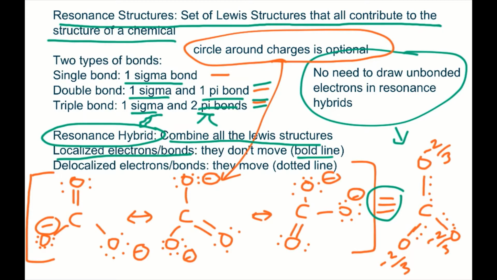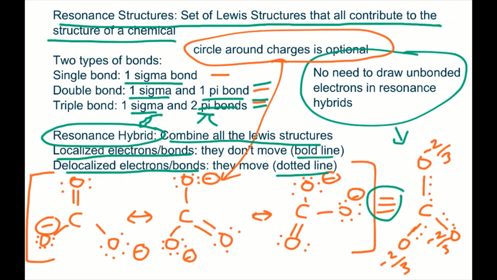It doesn't move. Now, on the other hand, you have what is called delocalized electrons or bonds. This time they move, and these are written as dotted lines. So, for example, this second bond over here, or I could circle this one, it doesn't really matter. This could be the bond that moves, and notice how this pi bond over here does not stay constant, and notice how once you go to the second structure it disappears.